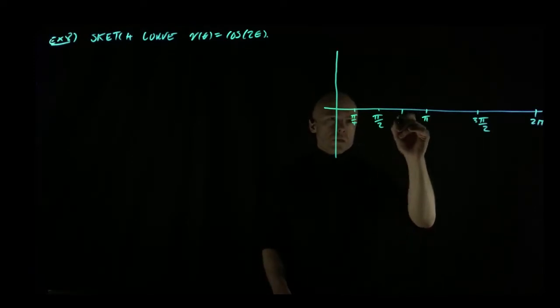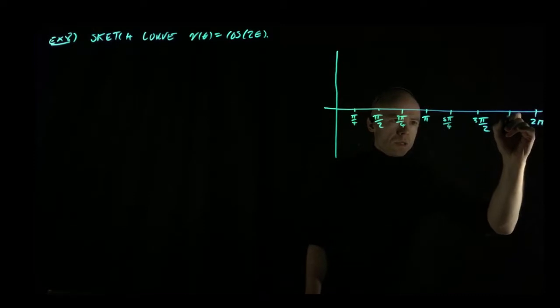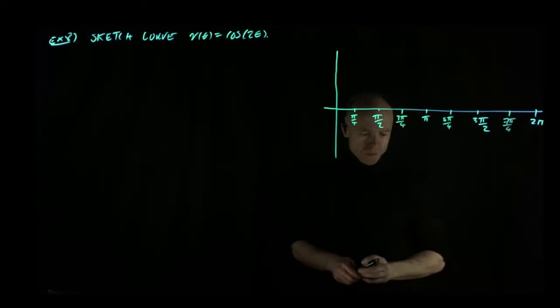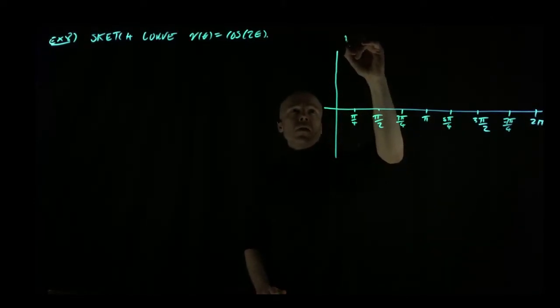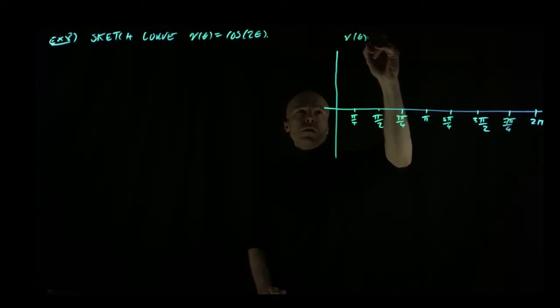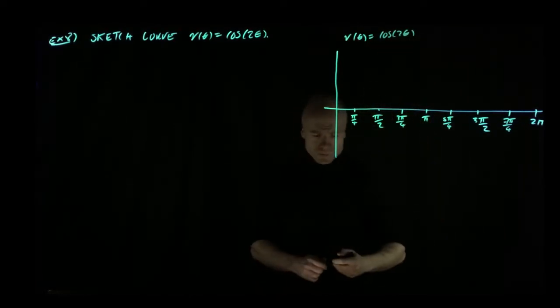This is 3 pi over 4. This is, I guess, 5 pi over 4. And this is 7 pi over 4. Okay, let's plot the graph of r of theta, which is cosine of 2 theta, underneath here.